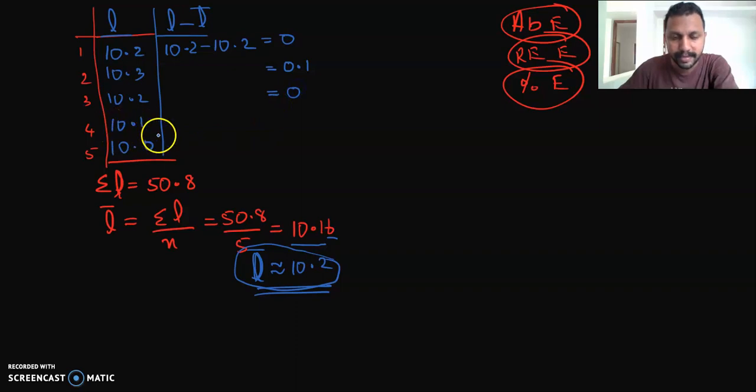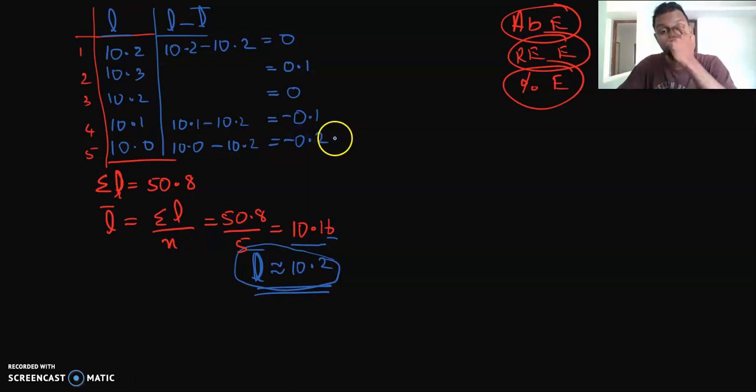Then 10.1 minus 10.2, it is negative of 0.1. And 10.0 minus 10.2, it should be negative of 0.2. Okay. Therefore, these are the values that we have obtained.